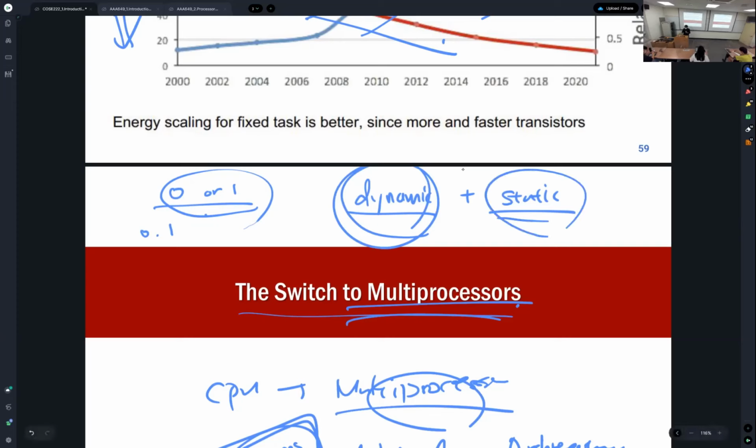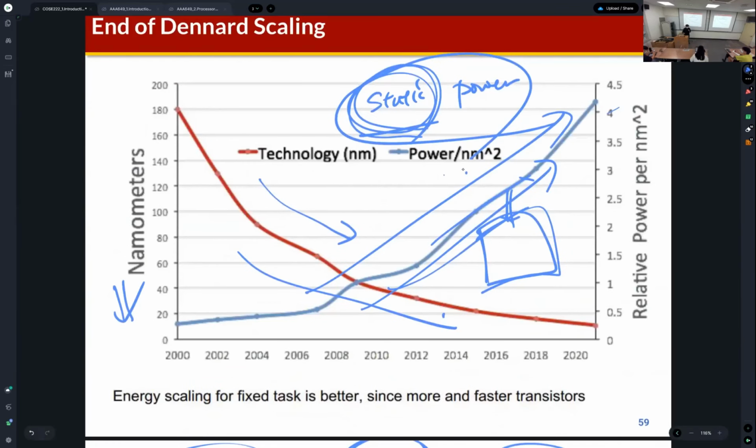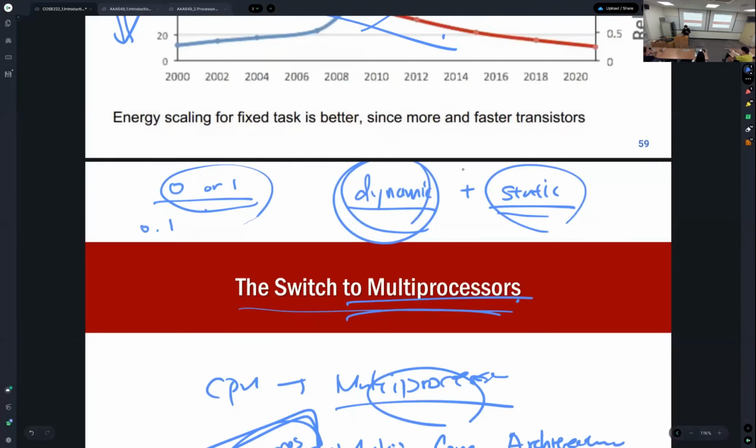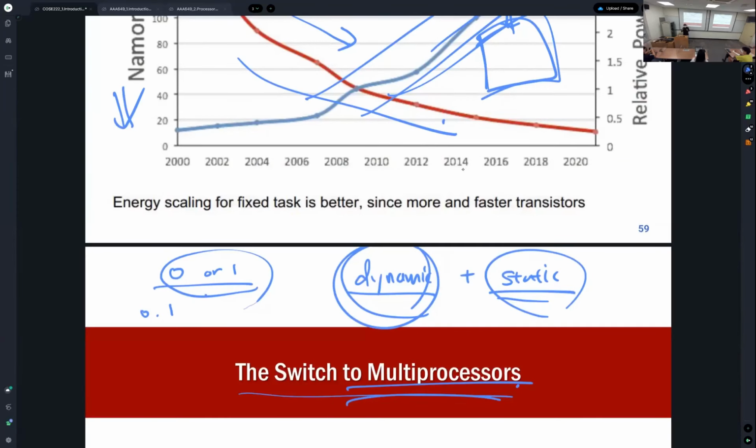Static power is the opposite of dynamic power, meaning it's not dynamic. Even though the circuit does not work, electric power is consumed. As I said in this graph, it is because our circuit is not a perfect device. Theoretically, we can assume that if a CMOS circuit does not work, it does not consume electric power.